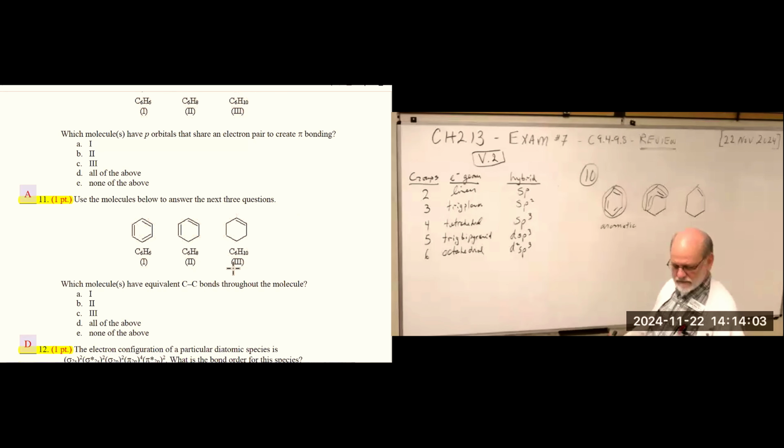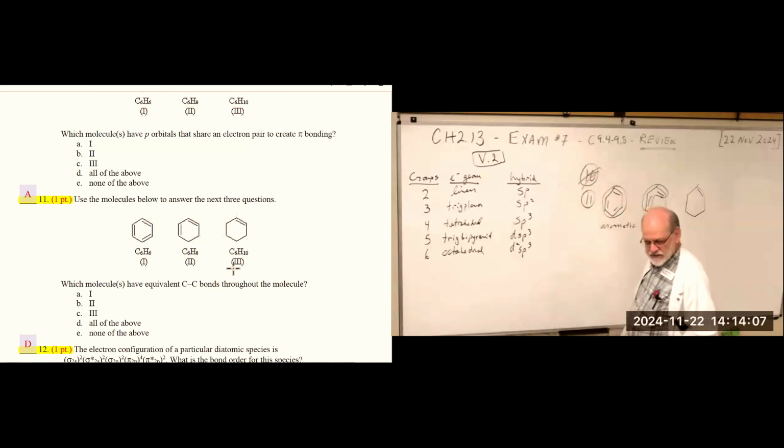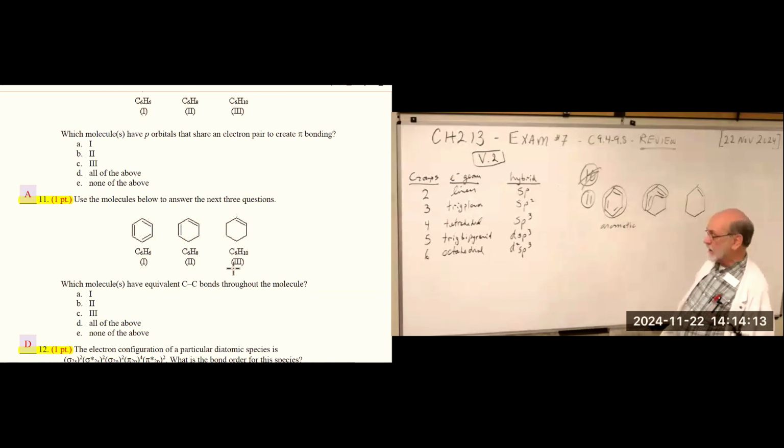Okay, number 11. Based on the same models, which molecules have equivalent carbon-carbon bonds throughout the molecule? All right. These bonds would be equivalent. When you conjugate systems like that, those bond lengths and strengths become equivalent because we delocalize the electron density over those. But these would be different.